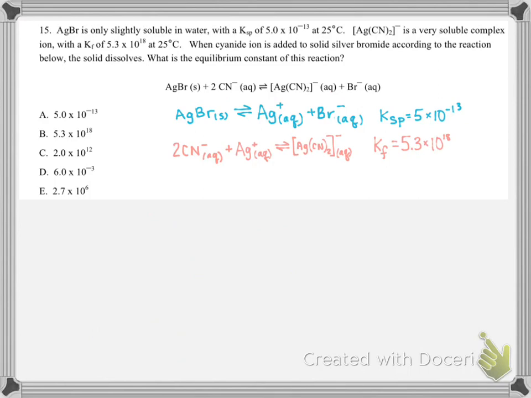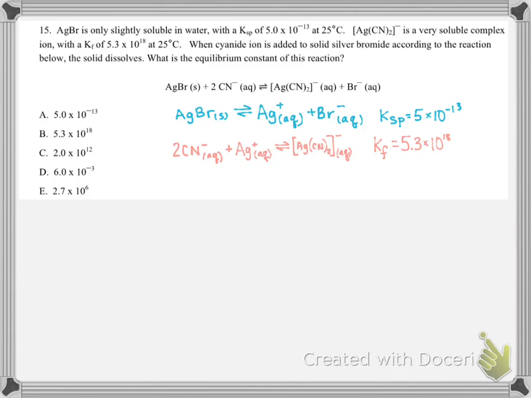In number 15, they give us this reaction with solid AgBr and cyanide becoming the complex and kicking out the bromide. So they've given us a Ksp and a Kf. And so what I've done here is just written out those two reactions.